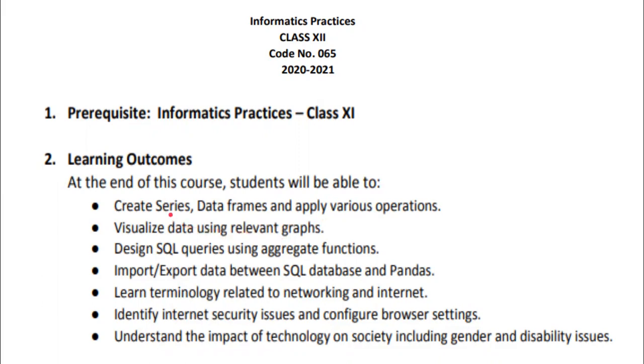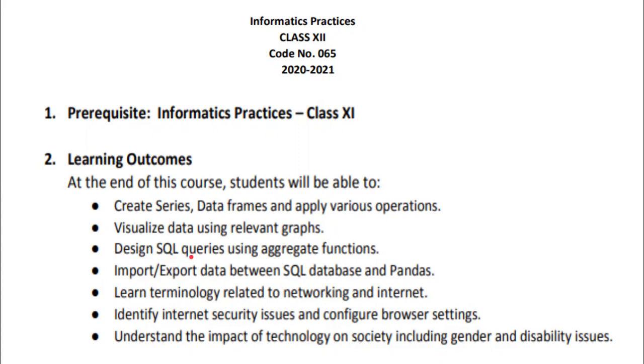With the data you have created with the series and data frame, you can represent it in a graph. Then you can create or design a SQL query. SQL means structured query language, which you might have studied in 11th standard. You can design structured query language using the aggregate function.